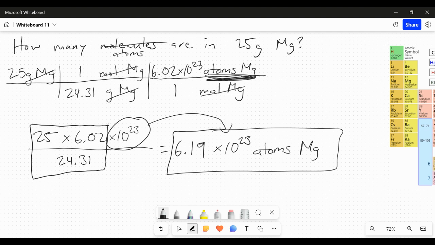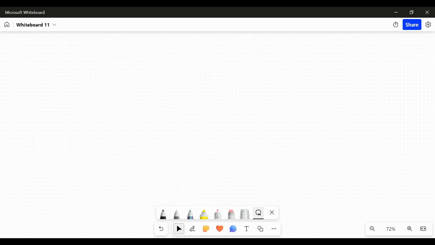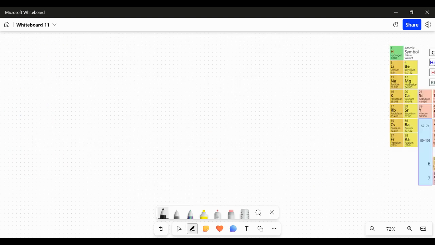Let's try one going the other way. Okay. Let's say my question was, how many molecules, I'm sorry, not molecules. I want to go the other direction.